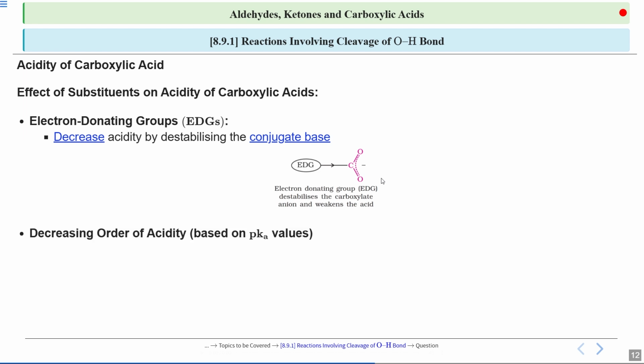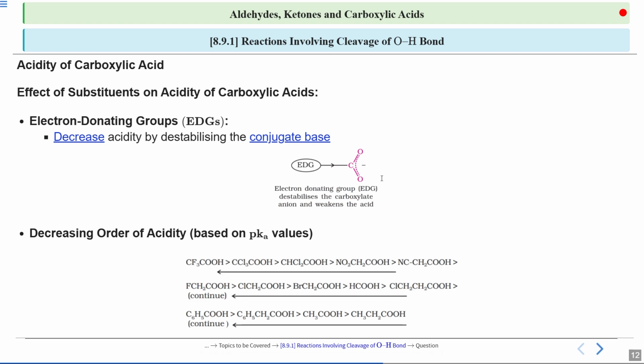If we look at the decreasing order of acidity based on the pKa values, look at the image shown over here. See how the structures and the substituents affect their acidity. Over here, CF3COOH is the strongest, because CF3 is a very powerful electron withdrawing group.